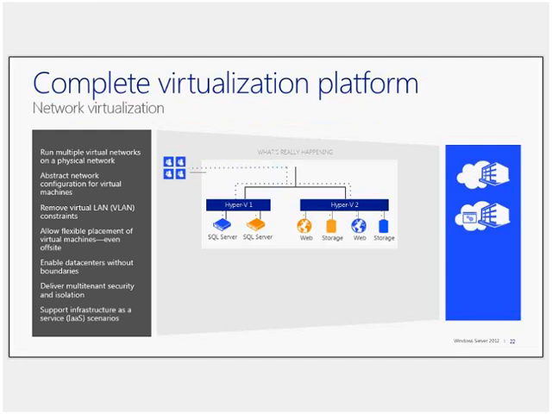It allows flexible placement of virtual machines, even off-site, integrates nicely with the public cloud, the data center boundaries, multi-tenant security and sandboxing, and isolation. It gives it the complete package, if you will.